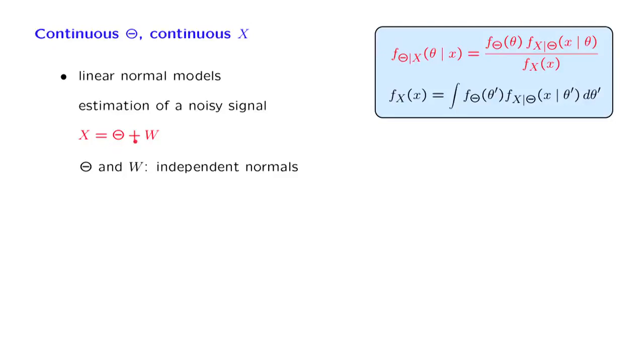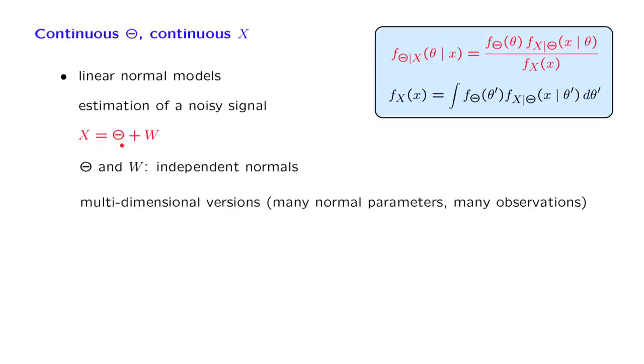We receive that signal but corrupted by some noise which is independent from what was sent. And we wish to recover, on the basis of the observation x, the value of theta. And then there are versions of this problem that involve theta vectors instead of single values, so that theta consists of multiple components and where we obtain many measurements x.